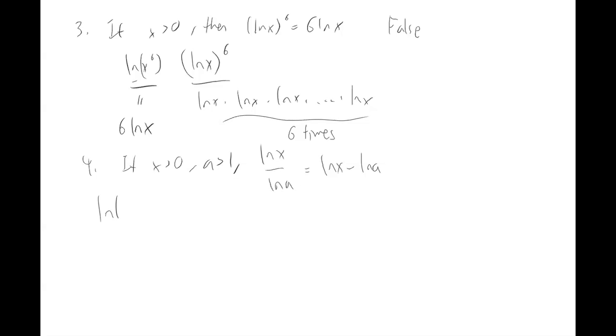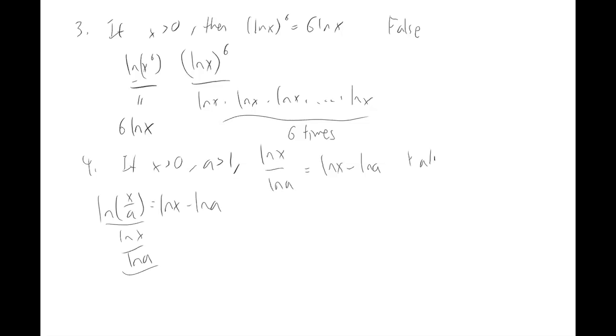We have ln of x over a is this, but ln of x divided by ln of a, these are two different things. One, I'm dividing in the argument. The other, I'm just dividing two different functions. So this is false.